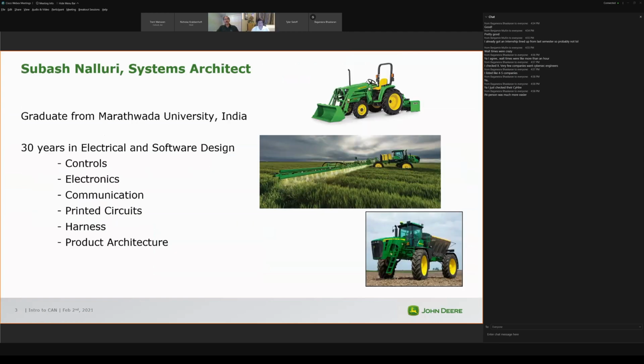My name is Subhash Nalluri. I'm a system architect in John Deere. I graduated from Marathwada University in India. I started working in a startup company in India, learning all about electronics and software, first in a non-engineering position assembling PCBs, designing PCBs, and procuring components, and then moving into an engineering position designing electronics and software.